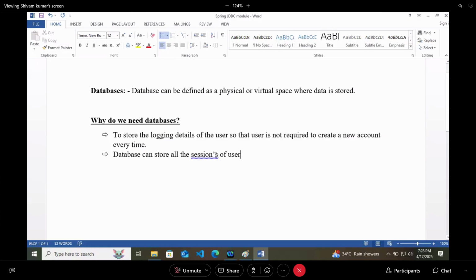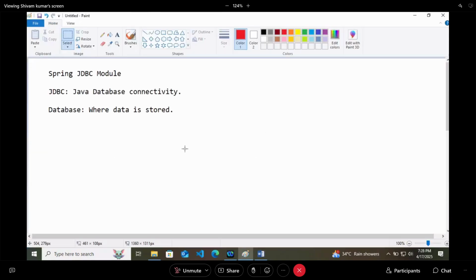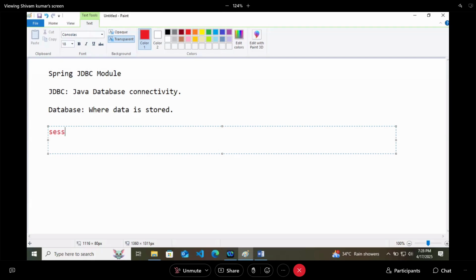What is one session? If you have to give the definition of a session: a session is the time period between login and logout. So the time that you spent on one application between login and logout.